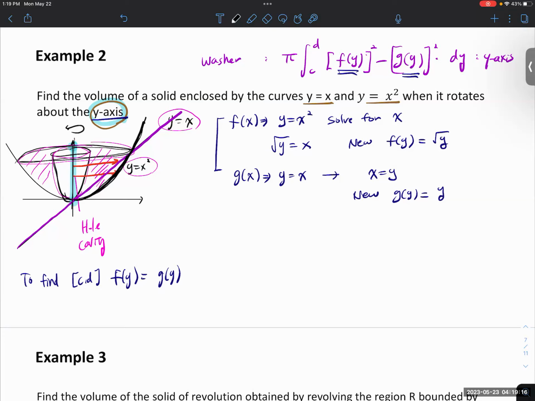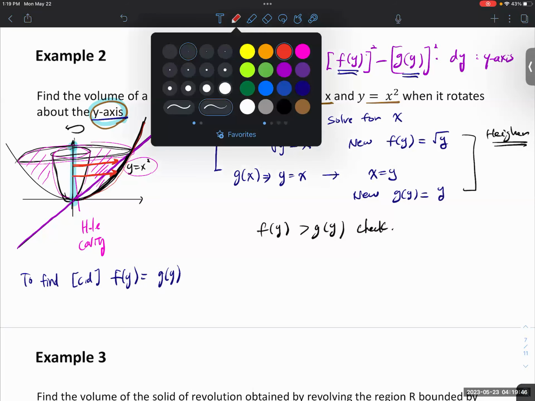Don't you think so? So the quadratic is the higher height. Therefore, f of y is greater than g of y. We can check visually. Are we okay with that? Look at this red line. This is the height. The black is always higher than the purple based on the y-axis. So therefore, you can set it up as f minus g.